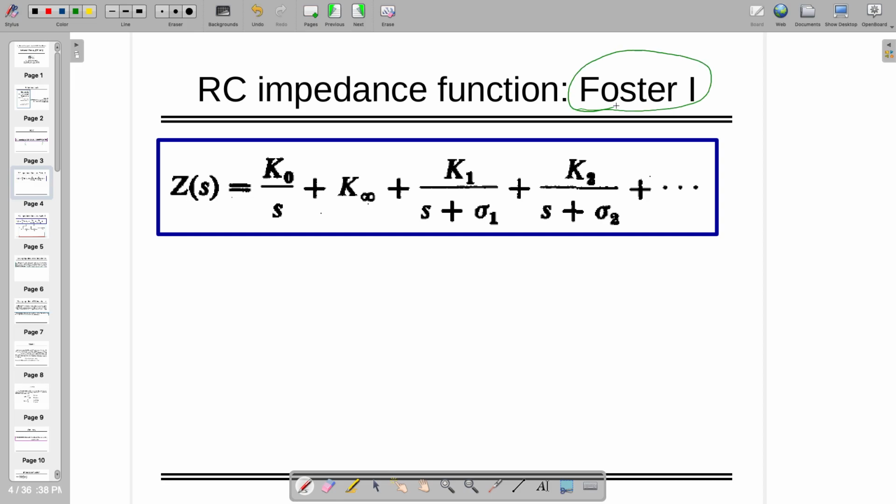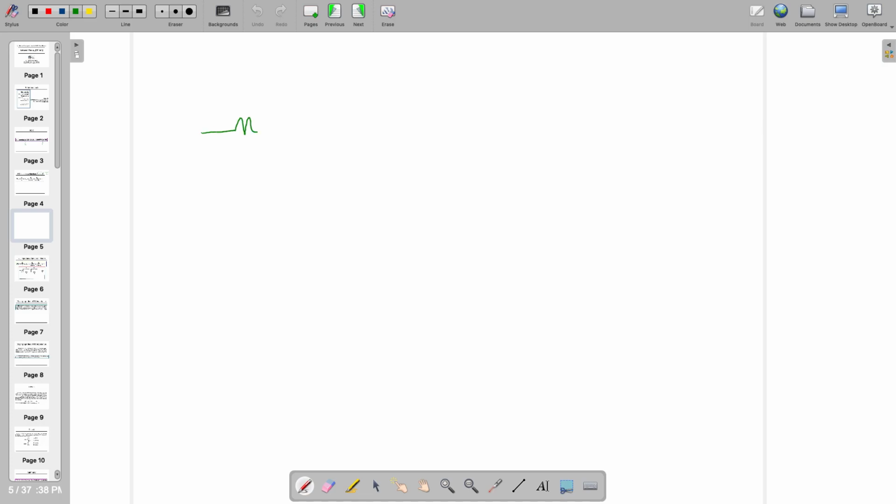Foster 1 says that it's a series form. If your circuit is R and L, then I'm expecting either resistance at zero frequency or inductor at zero frequency, or maybe one of them will be at infinity, accordingly, like which one is available at the origin. So either you will have a DC quantity.